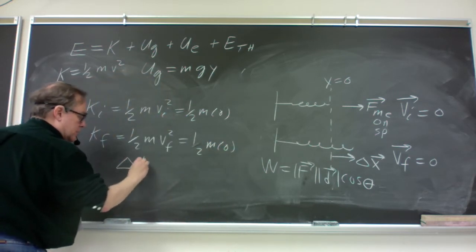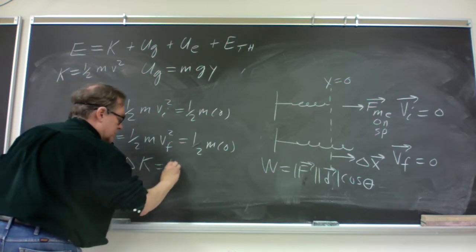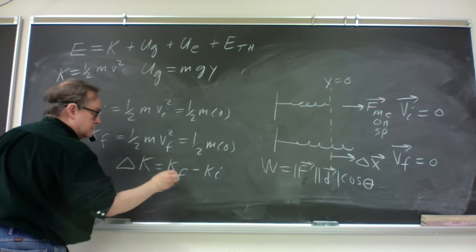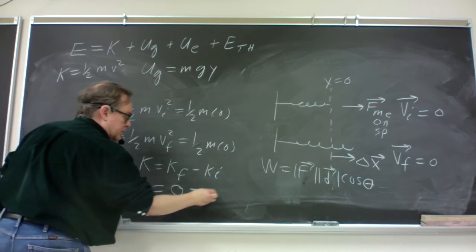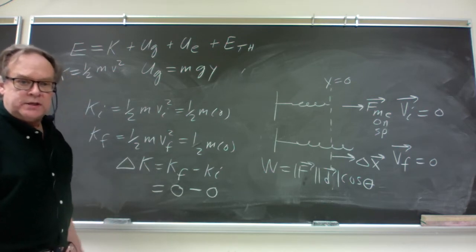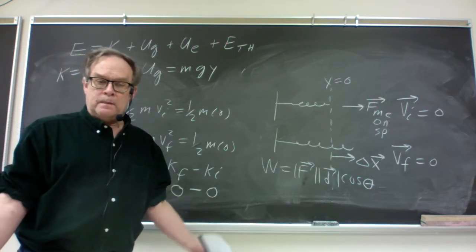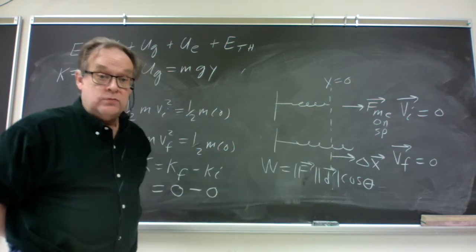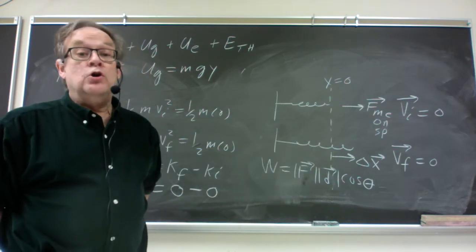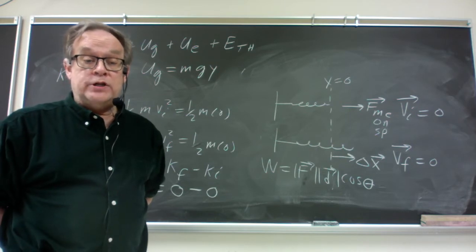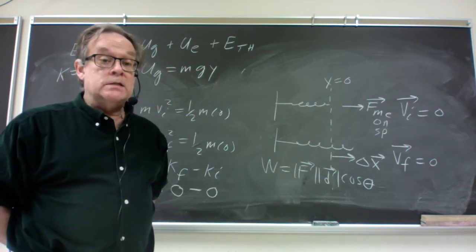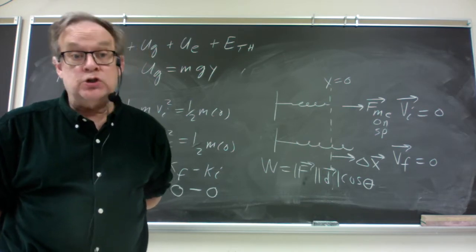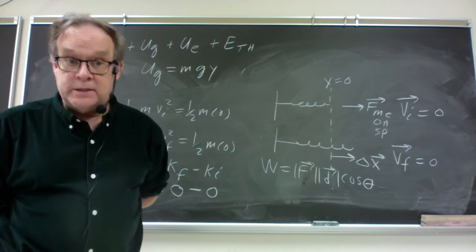So the change in kinetic energy, which is just final minus initial, is 0 kinetic energy in the final state minus 0 in the initial state. There, when I did work and gave energy to the system, none of that energy showed up as additional kinetic energy. It must have shown up somewhere else, and it shows up as another kind of potential energy.